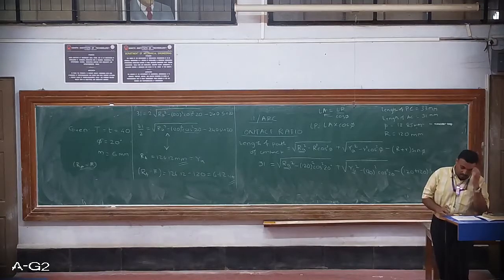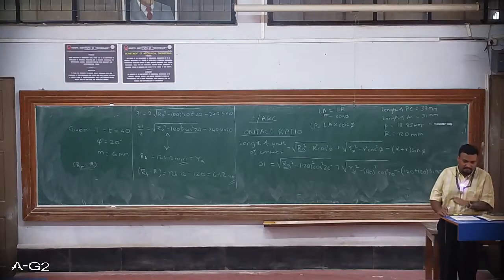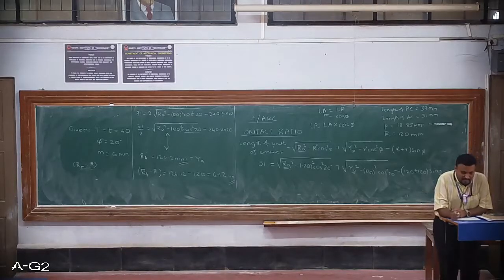Then the length of path of contact we need to calculate. First we calculate the length of arc of contact. The arc of contact can be calculated as 1.75 times the circular pitch, because it is given in the condition that the arc of contact is 1.75 times the circular pitch.